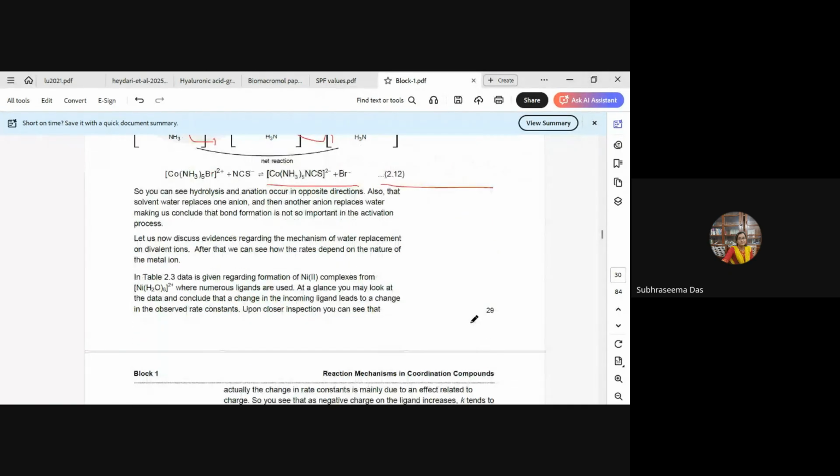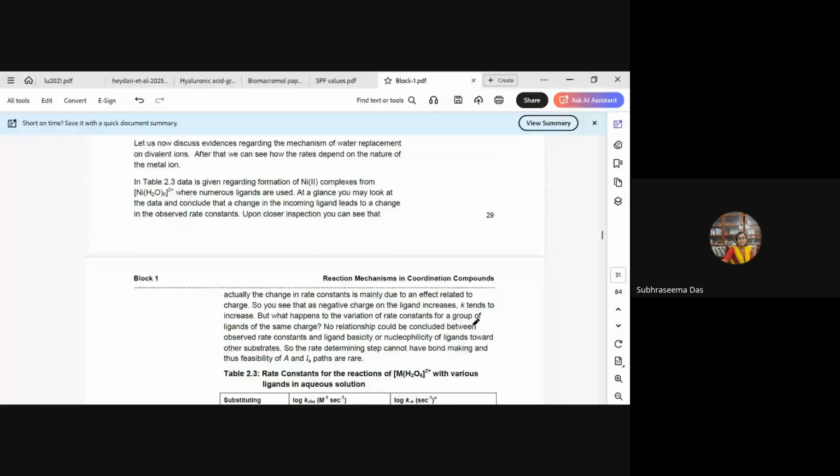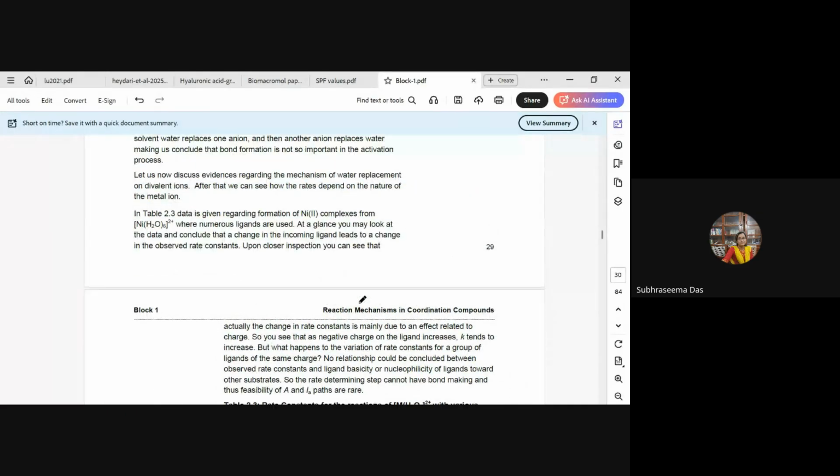So let us now discuss the evidence regarding the mechanism of water replacement on divalent ions. In table 2.3, the rate constants for the reactions of M(H2O)6 with various ligands in aqueous solution have been shown. In table 2.3, data is given regarding the formation of nickel(II) complexes from Ni(H2O)6 2+, where numerous ligands are used.